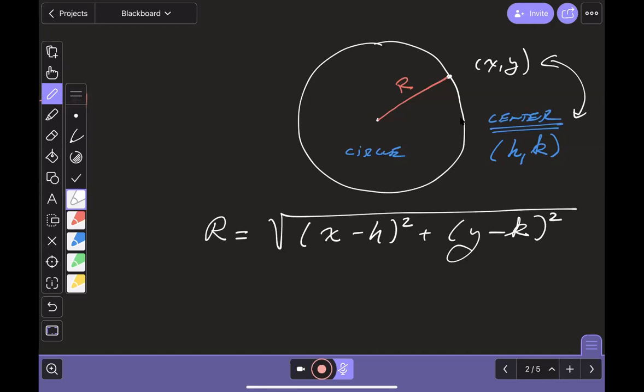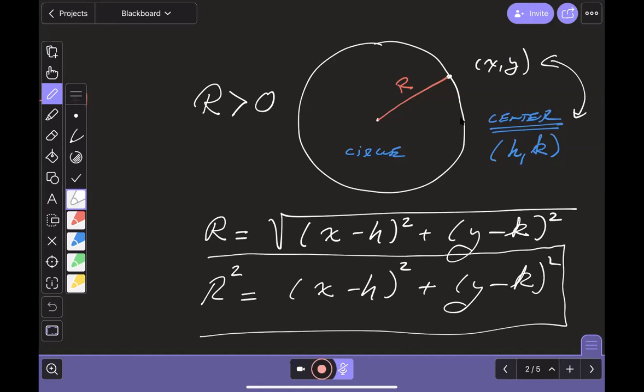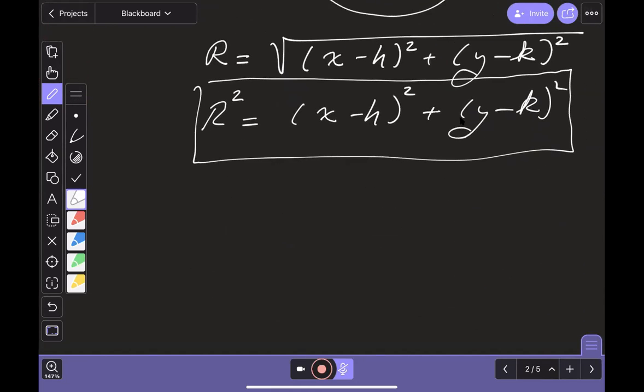And there's nothing wrong with writing it that way, but tradition has it, we square both sides. Before I do that, I want to point out, if this is a circle, r must be a positive number. So what do you get up here? r squared is equal to (x minus h) squared plus (y minus k) squared. This is an equation of a circle. This is what you did in Math 100, and that's how your teachers explained it to you.